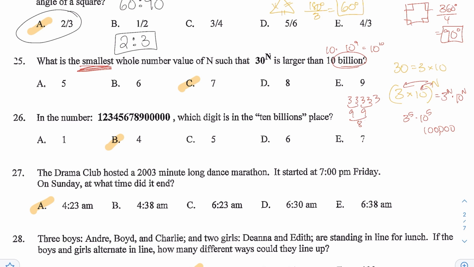So that's 81 times 3, which is 243. So 243 times 100,000 would be 243 followed by 5 zeros. All right, so that's 24 million. So we're not that close. So you eliminate choice A, move on to the next one.